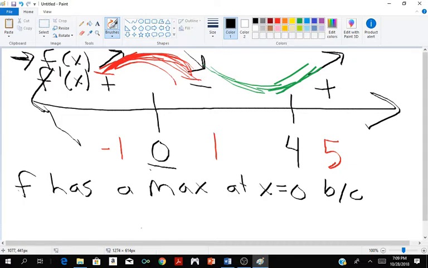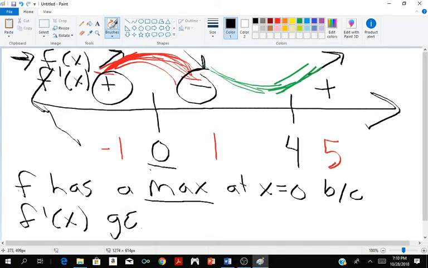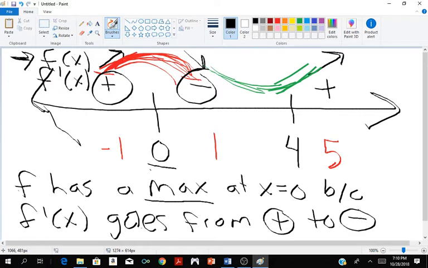The derivative having a 0 tells us where the function has a critical point. So in order to prove that there's a maximum, we have to say that the derivative goes from positive to negative. So f has a max at x equals 0 because f prime of x goes from positive to negative. Full justification.